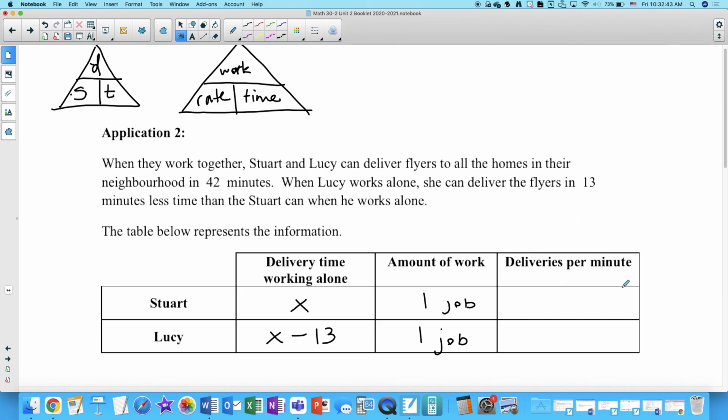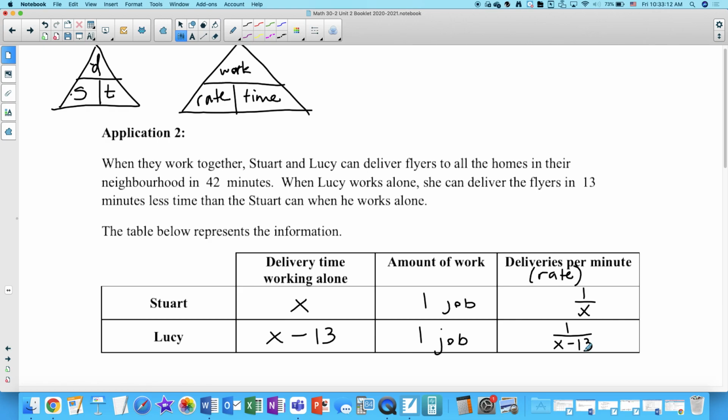So deliveries per minute is rate. Rate is amount of work divided by time. So Stuart's rate is 1 over x. Lucy's rate is 1 over x minus 13.